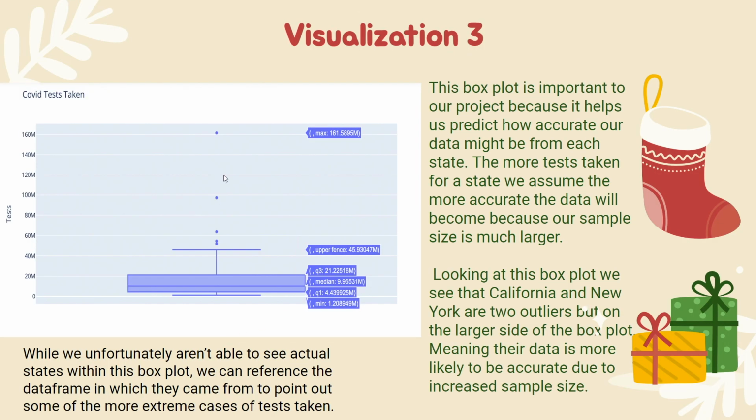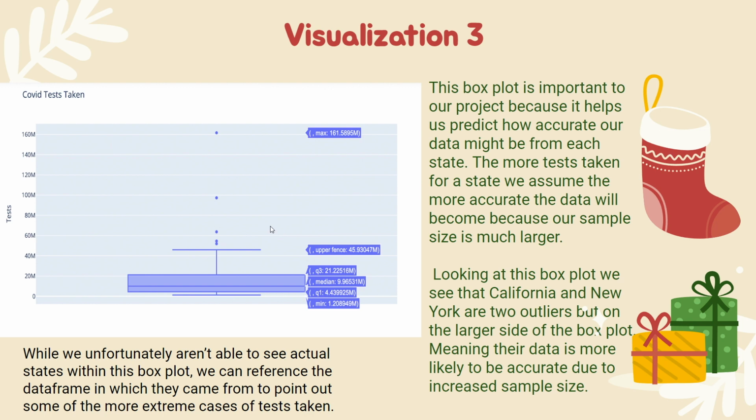But moving on, we have our visualization 3, which is a box plot, and it's important because it helps our project, rather, because it helps us predict how accurate our data might be for each state. And the more tests taken for each state, we assume that the more accurate the data would be because our sample size is larger. And taking a look at this right here with what we collected, you see that California and New York both here are outliers on the plot, but on the larger side, meaning that their data is likely to be accurate due to the increased sample space, or size rather.